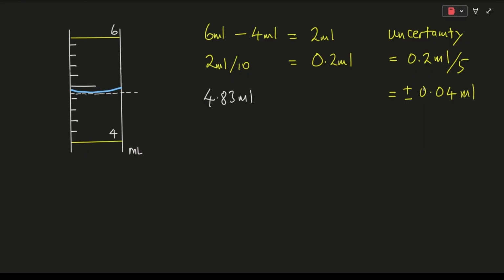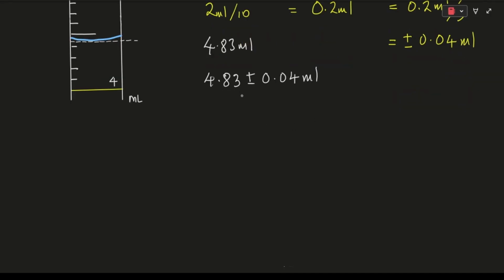So if our uncertainty is to be factored into our recording, we're going to have, now with this recording, it means when 2 or more people take the same reading, we have the possibility of having a range of readings between 4.8 and 4.79 milliliters.